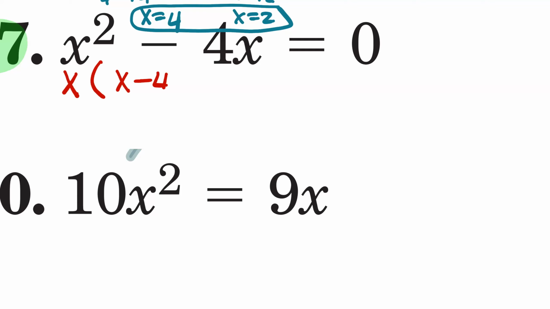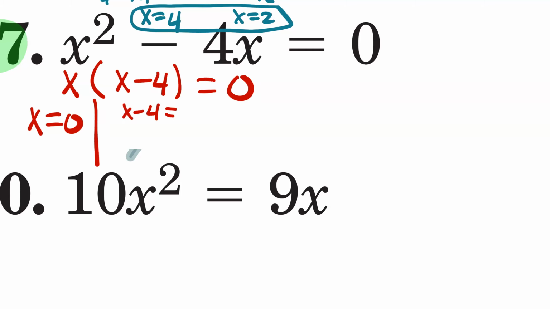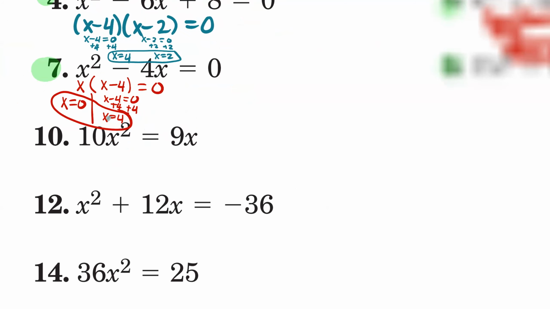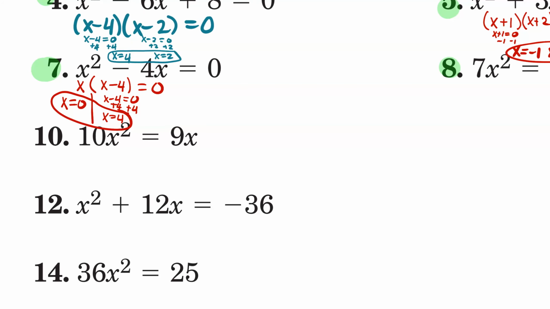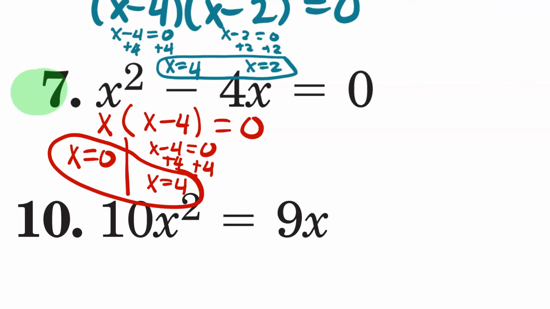So x times x minus 4. Set each factor equal to 0. Let's pull out a factor of x in both of these terms. X squared and negative 4x both have x as a factor. If you pull it out, you're left with x minus 4.